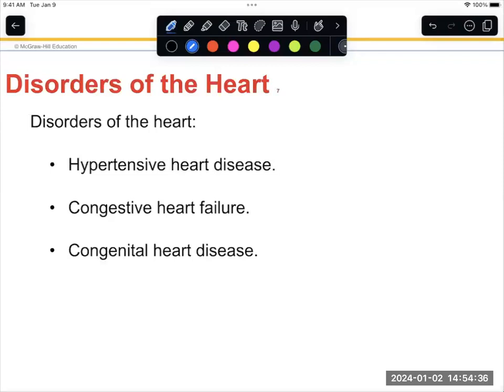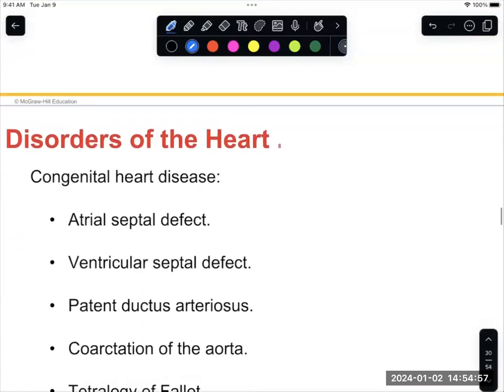Congestive heart failure is the inability of the heart to supply enough cardiac output to meet the body's metabolic needs. Congenital heart disease, congenital means it's present at birth. So it's that result of an abnormal development of the heart in the fetus.